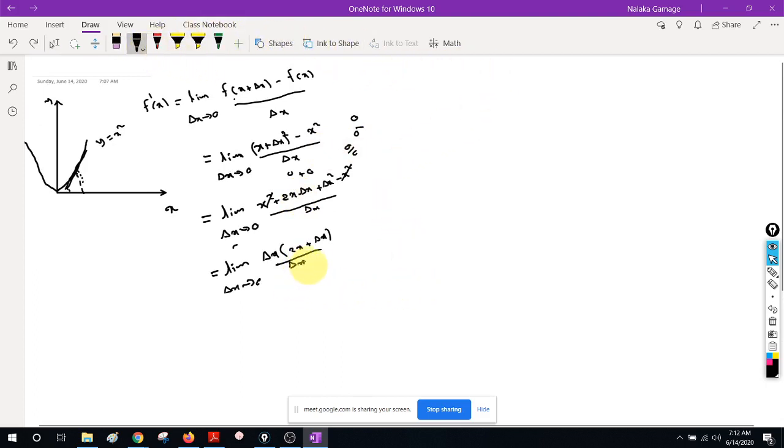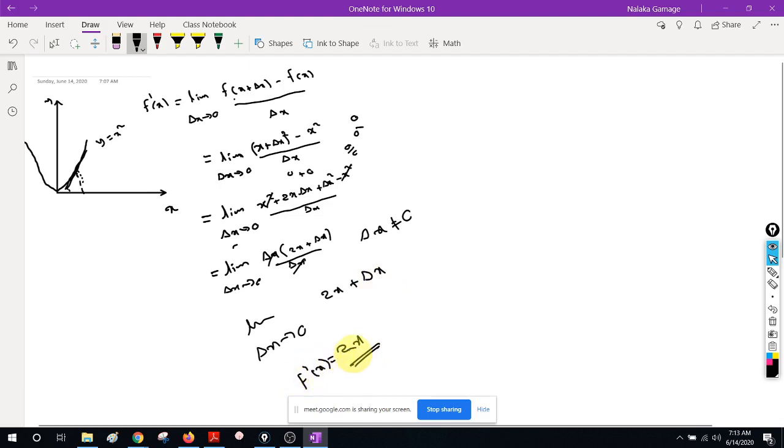Now I can cancel delta x with delta x because I can say that delta x is not equal to 0. Then it becomes limit delta x tend to 0, 2x plus delta x. Now I am okay. If I just apply delta x equals 0, now it becomes what? 2x. Now I got the answer as f dash x equal 2x.